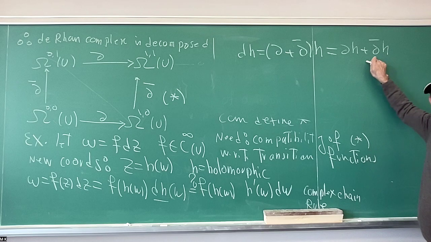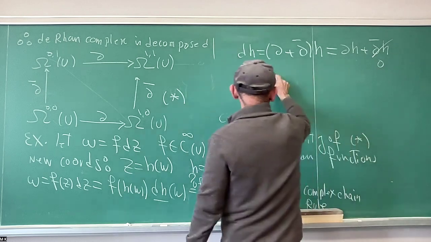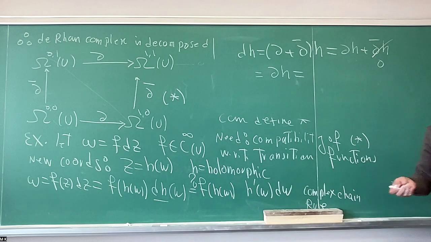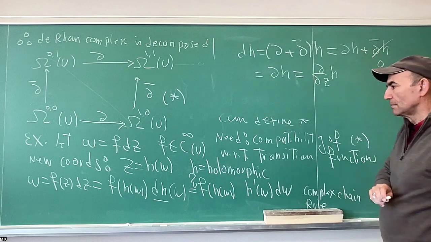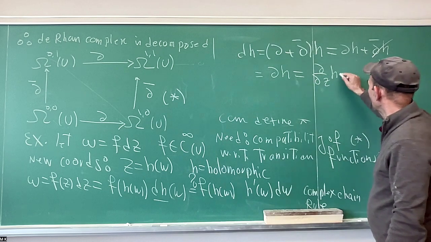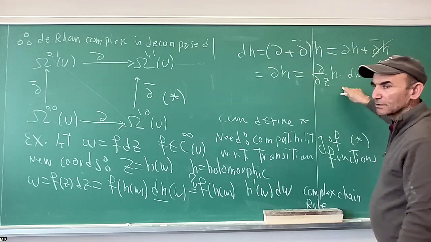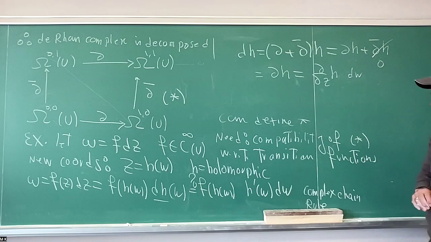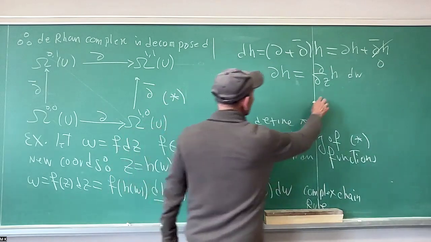Del bar of h is 0 by the Cauchy-Riemann equations because h is holomorphic. So this is equal to del of h. But what is del of h? Del of h is dh/dz, well, actually it has to be dw because now I'm thinking in terms of w. So I should put dw here.